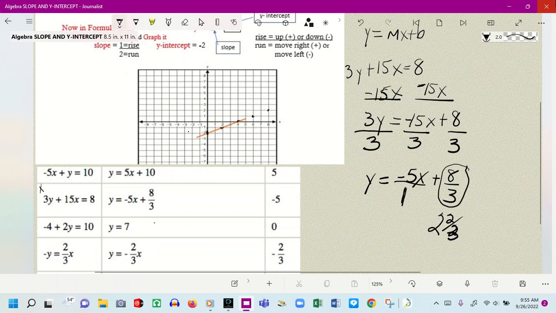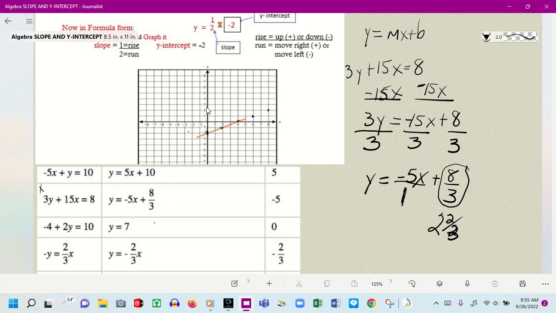That's our intercept. So let's go to 2 and 2/3, positive 2 and 2/3 on the y-axis. That will put it about right here. Okay, and that's the intercept. That's where the line would intercept the y-axis, right here in between 2 and 3.